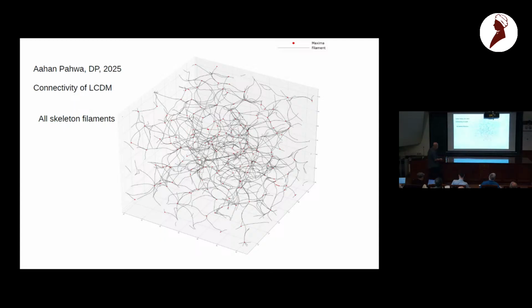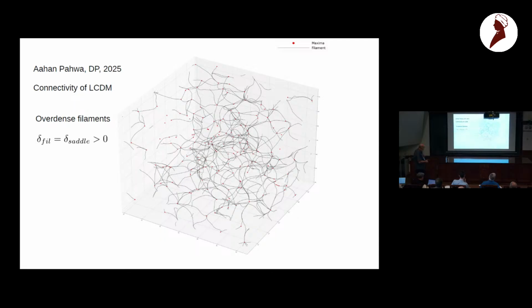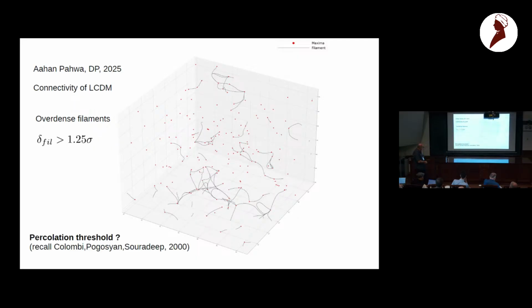If that is a complete skeleton when there is no restriction on the filaments, and then you force them to be overdense, not underdense anywhere, you start losing some connectors, of course. And you lose and lose, and at around a 1.25 sigma filamentary threshold, you basically have a disconnected system with maybe one long percolating connecting cluster.